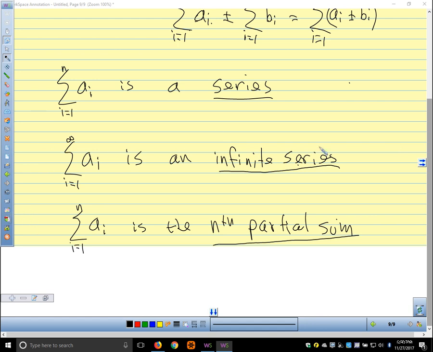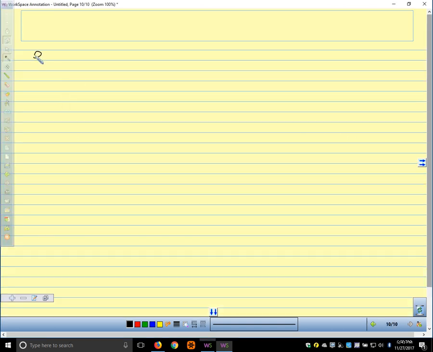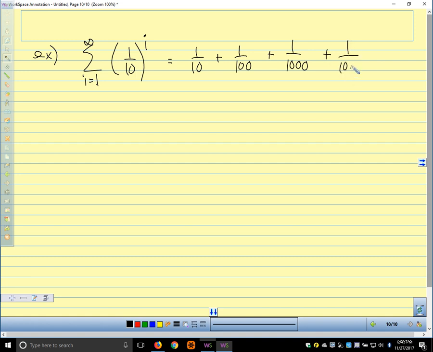So let's take a look at an infinite series that adds to a finite number. All right, so there's our infinite series. Let's write some terms. Well, this is 1/10 plus 1/100th plus 1/1,000th plus 1/10,000th plus dot dot dot.